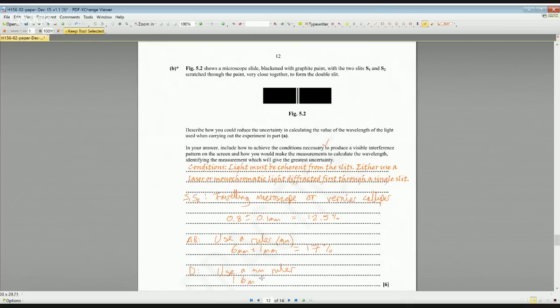Note that I'm doing this in meters now, plus or minus 1 millimeter, which is 0.001 meters. And that gives you a percentage uncertainty of just 0.063%. So really not a lot to worry about there. So our greatest uncertainty comes from the measurement of AB.